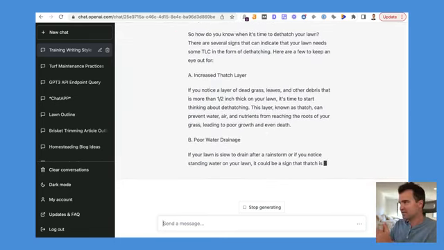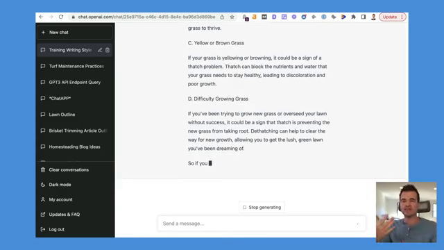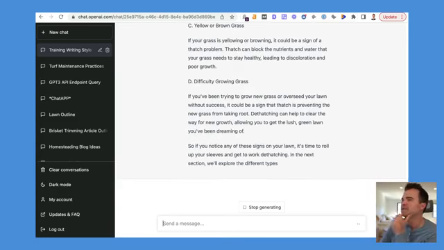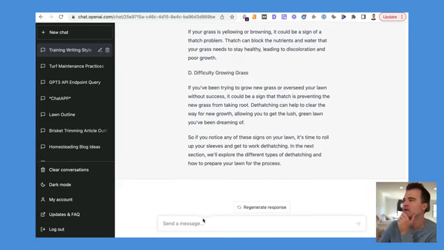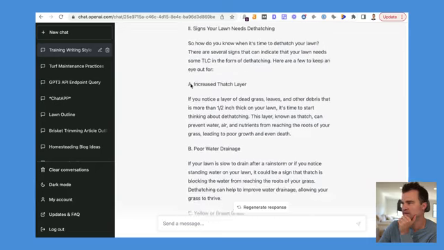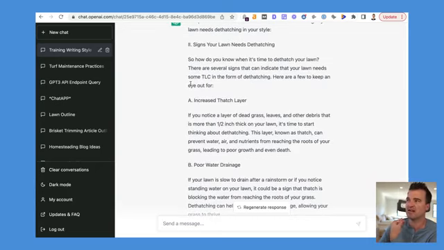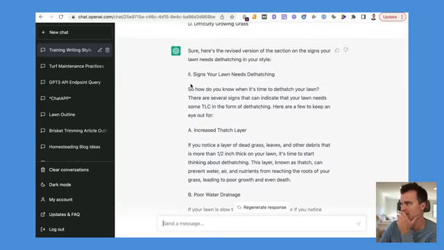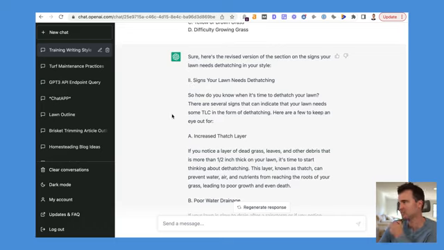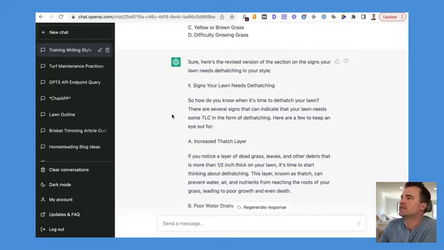Not just, hey, write me 7,000 words on dethatching my lawn just to see what the tool comes up with, but to do it in a structured process where ChatGPT gives us the outline and then we give it back to ChatGPT. So section 2 is signs that your lawn needs dethatching.